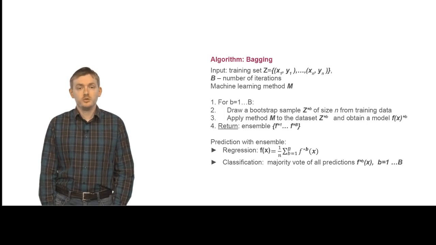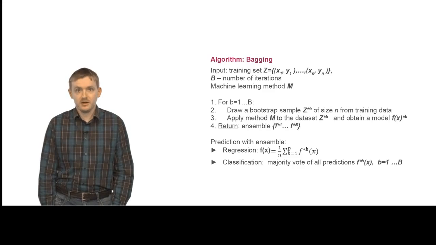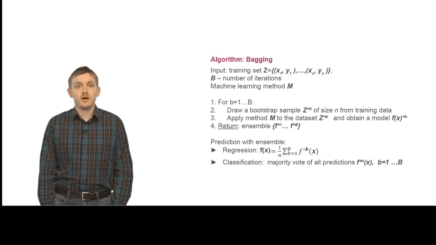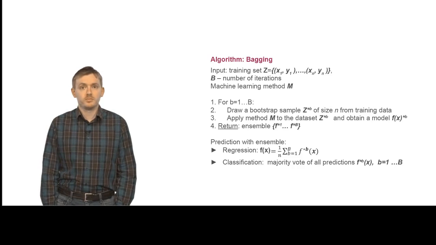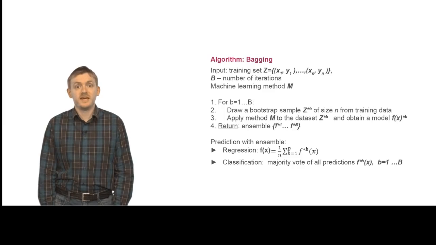What do you do? You repeat capital B iterations. At each iteration you draw a bootstrap sample Z*_b of size n from the training data. Before, we have already discussed the algorithm that allows to produce the bootstrapped replicas. Then you apply a machine learning method to this data set Z*_b.